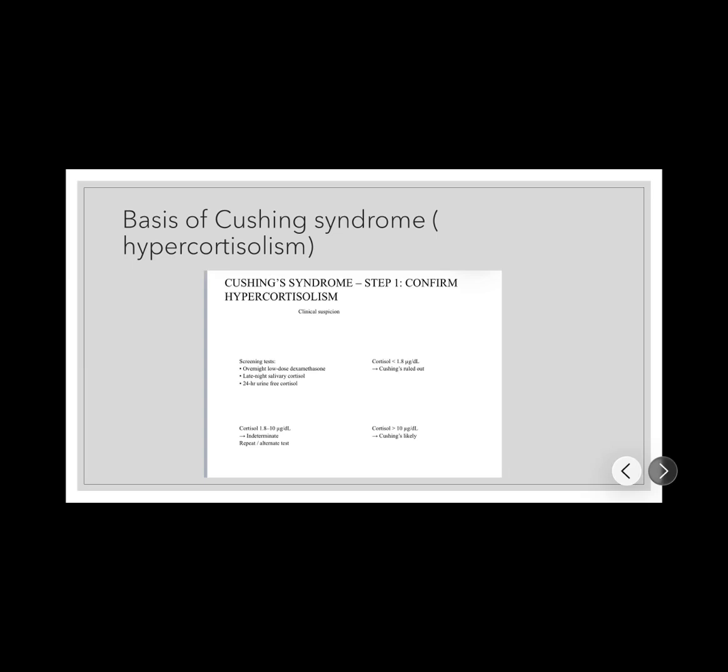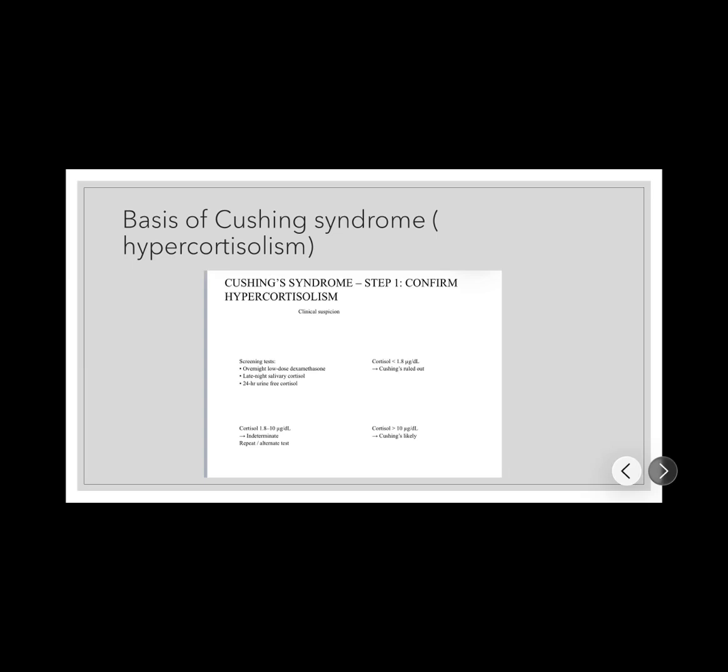It means that the test is equivocal. Cushing is not ruled out, and it is not ruled out whether the patient is normal. But if the cortisol still is high, even after giving a low dose of steroid, more than 10 microgram per deciliter, then maybe Cushing syndrome is there.